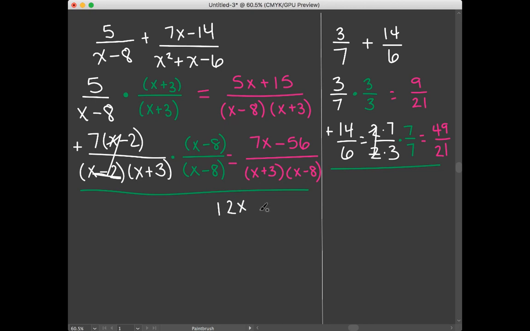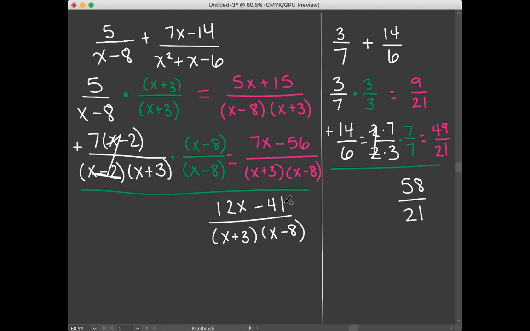And let me grab a calculator. 15 minus 56 is going to give me minus 41 over x plus 3, x minus 8. On this side, I'm going to add 9 plus 49 and get 58 over 21. The last thing that these two problems have in common is that neither of them can be simplified.